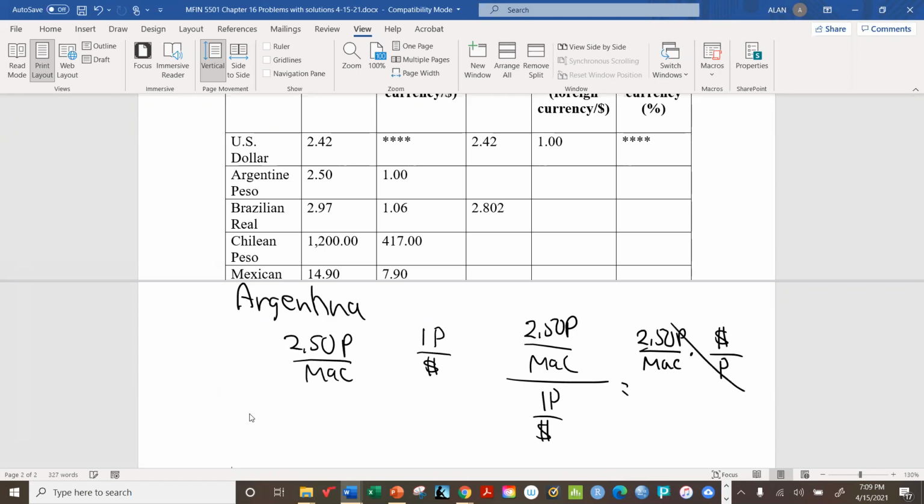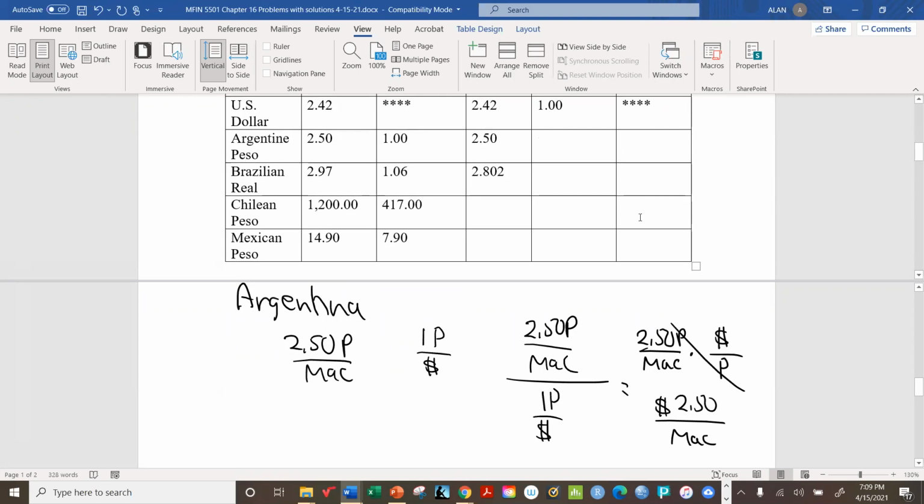So the pesos drop out. That means in Argentina, a Big Mac costs the equivalent of $2.50, after, of course, going through the exchange rate. So this one is 2.50. It's still not the same as it should be, because it should be 2.42.